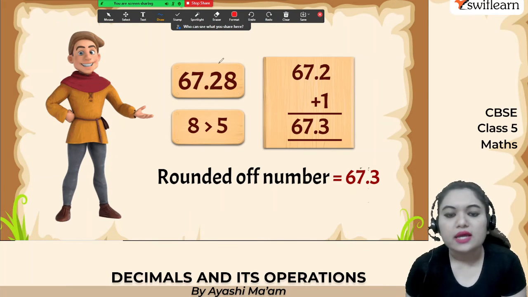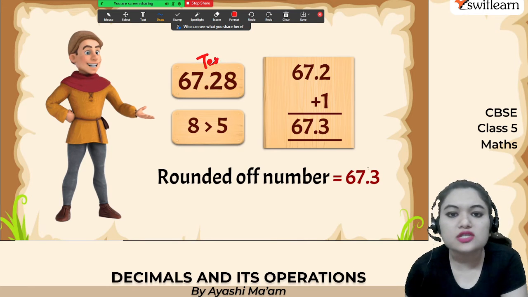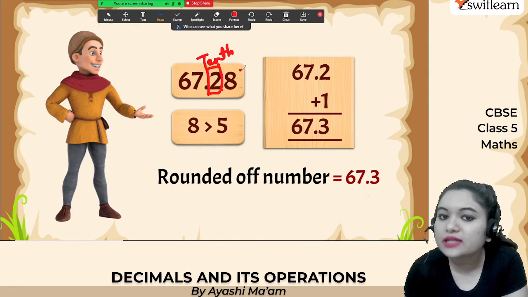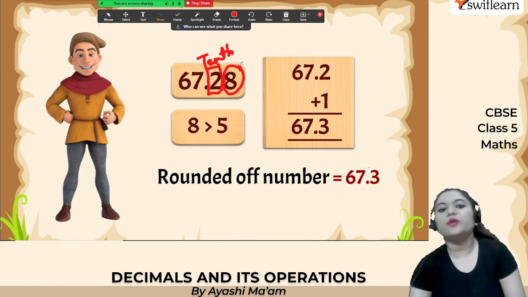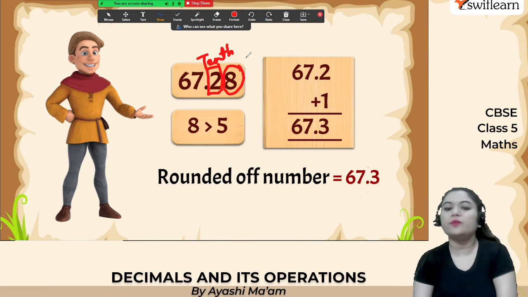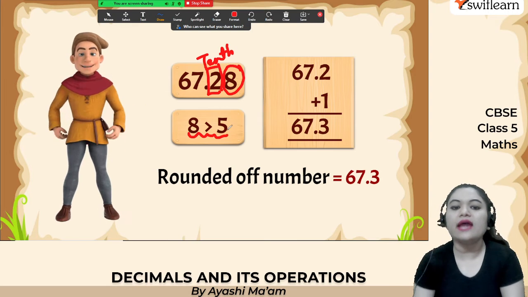Here also, see. Which one is your tenths place? This 2 is present in your tenths place, and we are looking at the digit to the right of this tenths place. That means this is present in your hundredths place, and 8 is greater than 5.